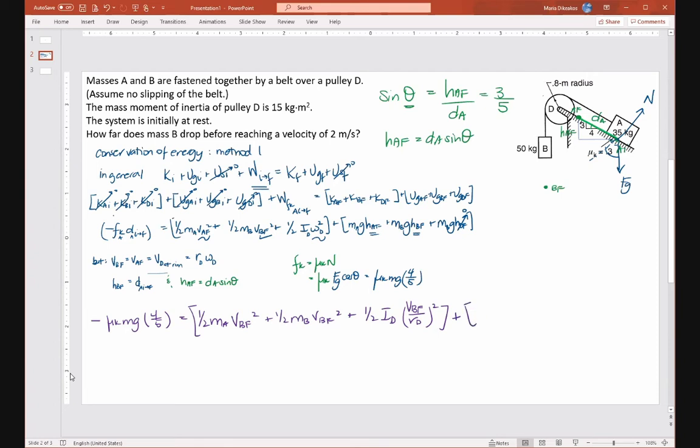Now we're going to have MAG HAF, in this case, is DA sine theta. And sine theta in this case is 3/5. I didn't finish off over here. DA 3/5. Our next one here is MBG HBF.